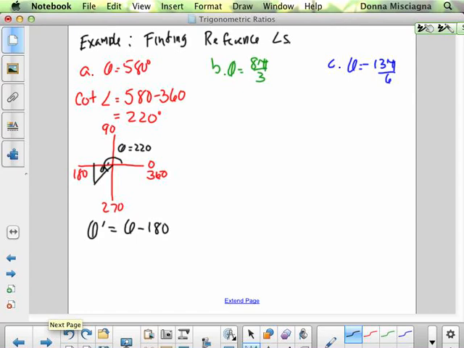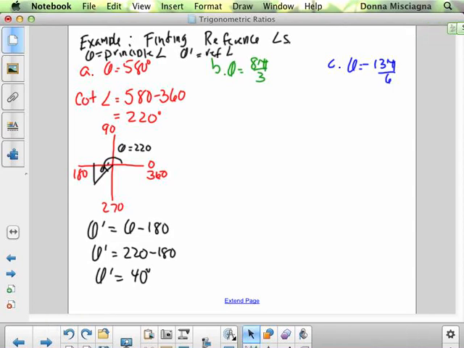So our principal angle was 220, and 220 minus 180 is going to give us 40 degrees. So our reference angle is 40 degrees. And just as a reminder, this equals principal angle, so I don't have to keep writing it, and this equals reference angle.